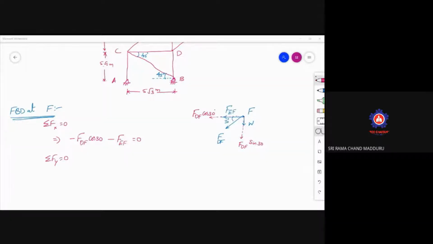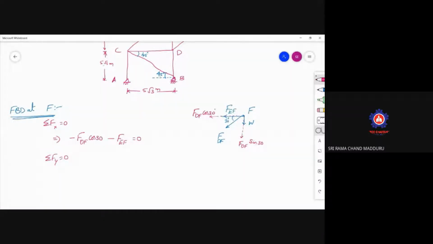So what is the downward force? Minus W minus F DF sine 30 equal to 0. So F DF is nothing but minus W by sine 30. So sine 30 is nothing but 1 by 2, which is nothing but minus 2W.